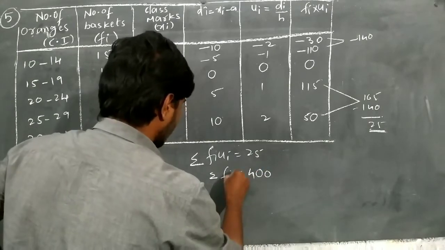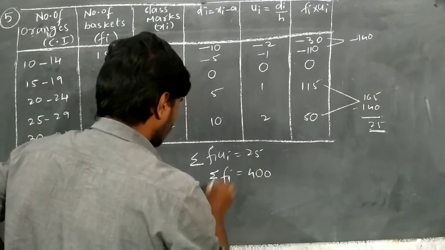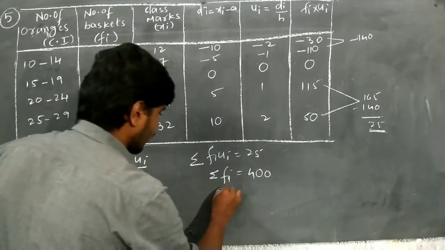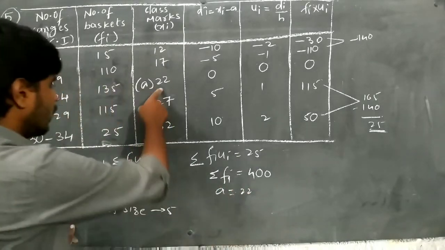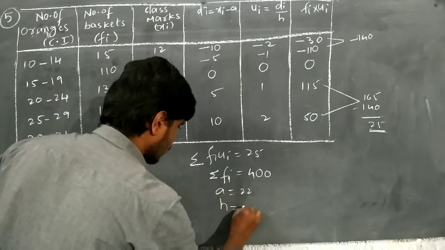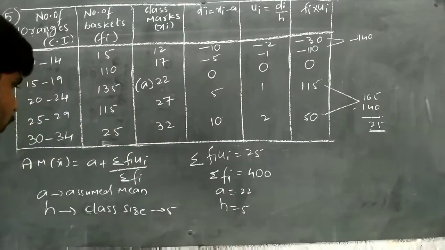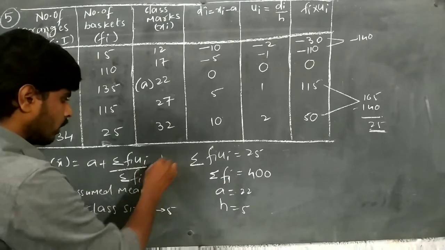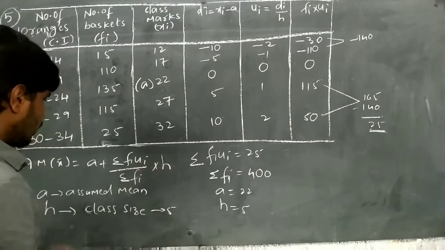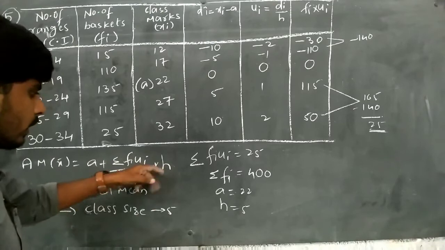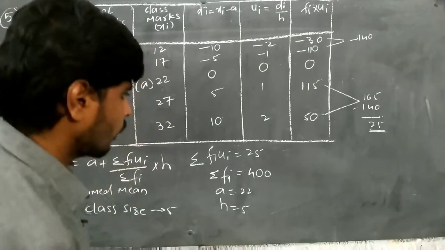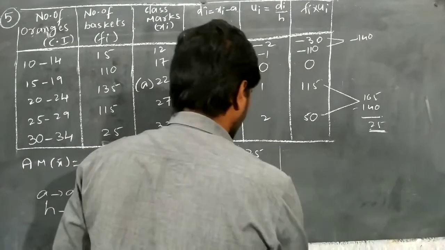Sum of all frequencies, 400 we got, and the A value we have is 22 here and h value is 5. Substitute the values in the formula. Here it is into h. Okay, x bar is equal to A plus sigma fi ui by sigma fi into h, is the formula, right. So I am going to substitute.